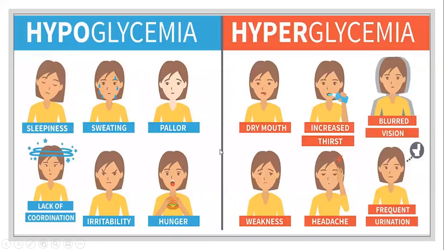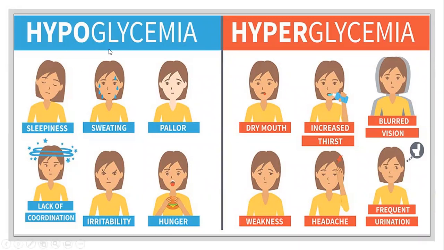Here we can compare and contrast the signs and symptoms of hypoglycemia and hyperglycemia. When my patient has hyperglycemia, we will give them insulin, right? When a patient has hypoglycemia, we give them carbohydrate, IV dextrose, or glucagon.